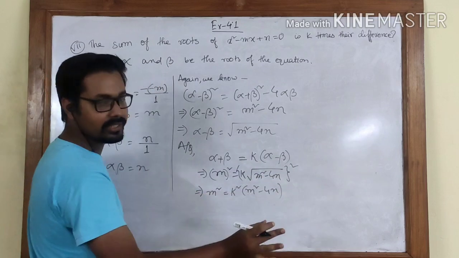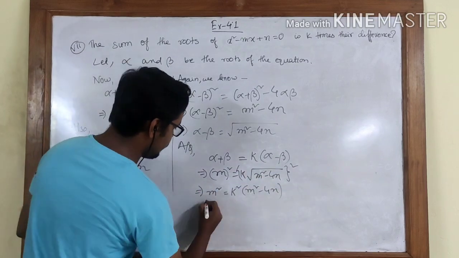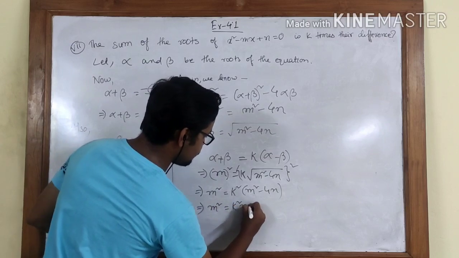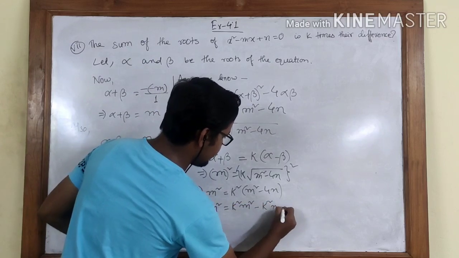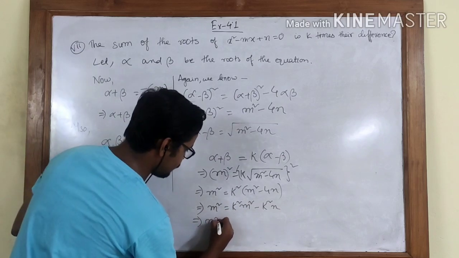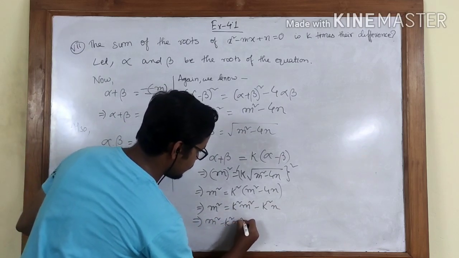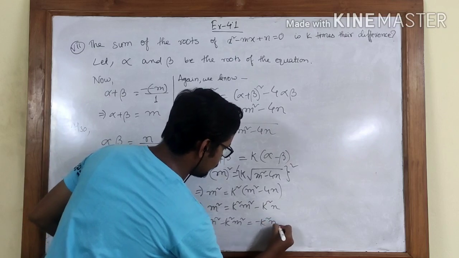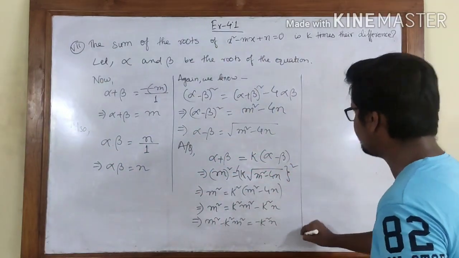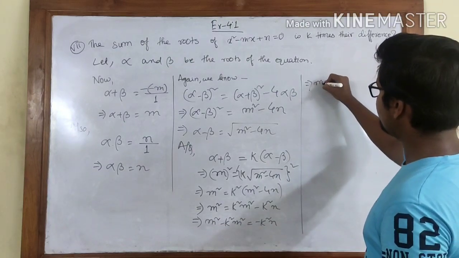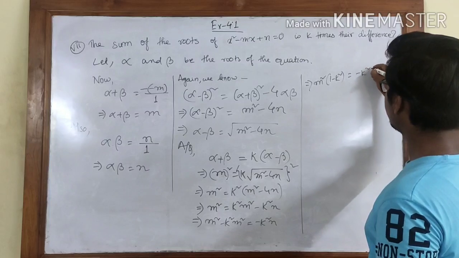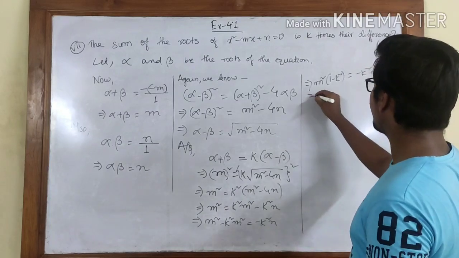This root and this square will cancel out and k will become k squared. So what I have here, m square is equal to k square m square minus k square n. We can change sides, so we will have m square minus k square m square is equal to minus k square into n. If I continue on this side, we have m square and I can take 1 minus k square is equal to minus k square into n.